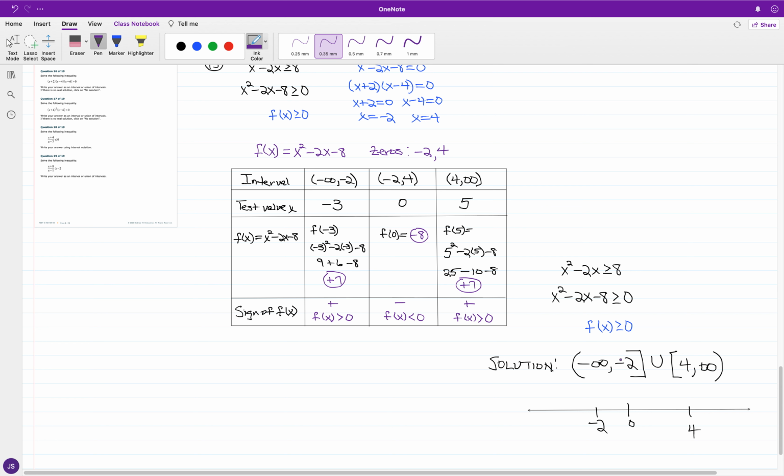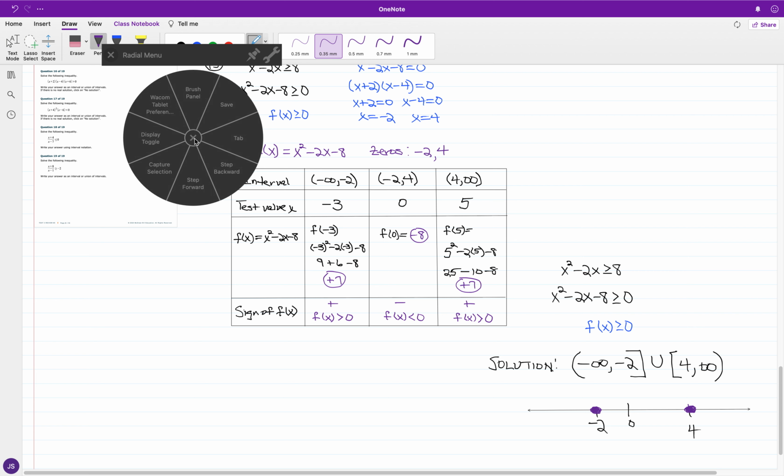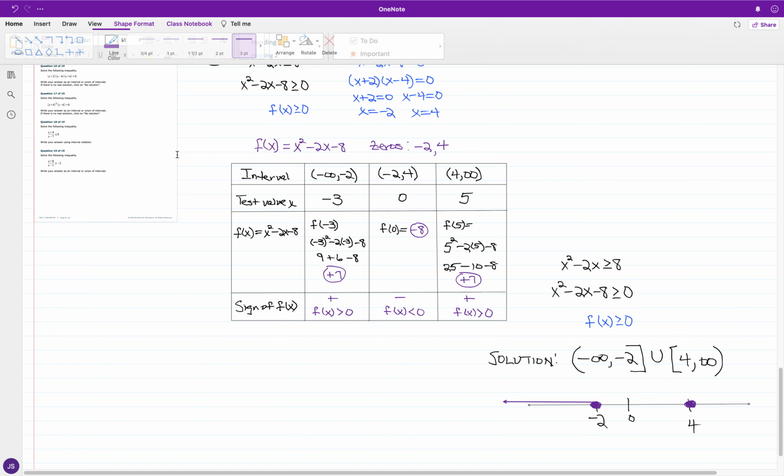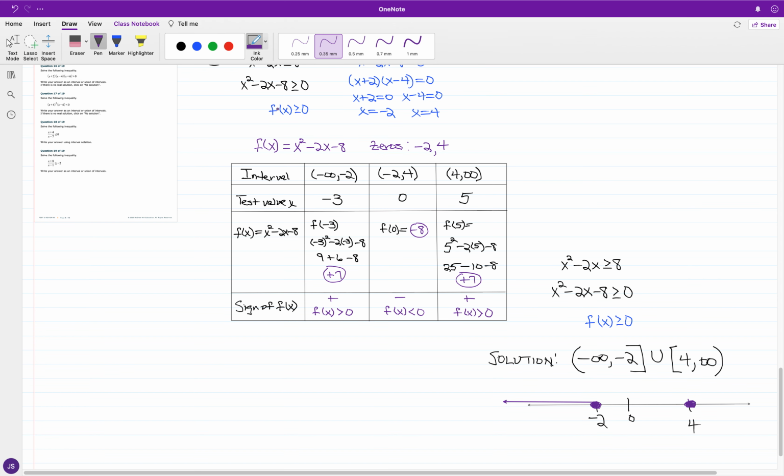On negative 2, we have this value included, and likewise 4, that is also included. And just for the activity, from negative 2, you have an array that's going to go continuously to the left, tending to negative infinity.